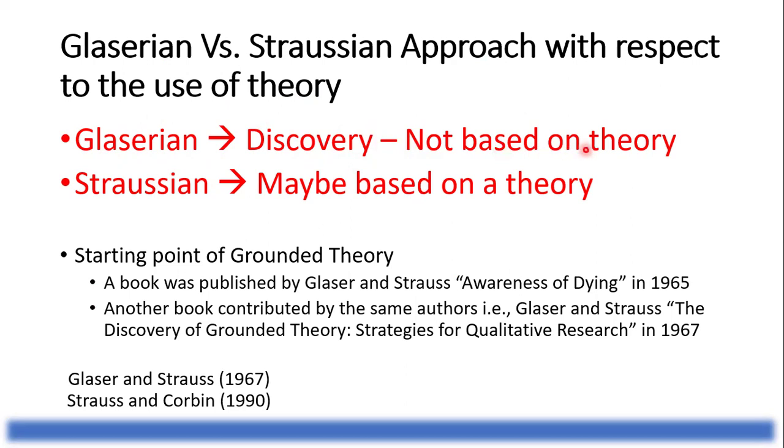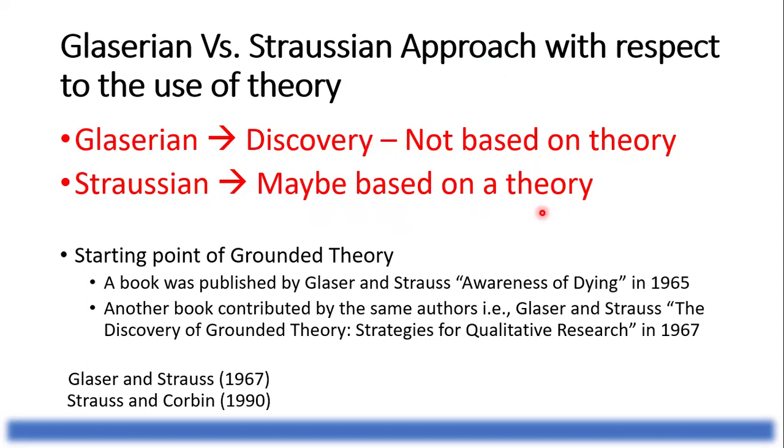According to their view, there may not be any theory behind it when you develop a theory using the grounded theory approach. They say that discovery is not based on theory, while the followers of Strauss believe that there may or may not be theory behind.